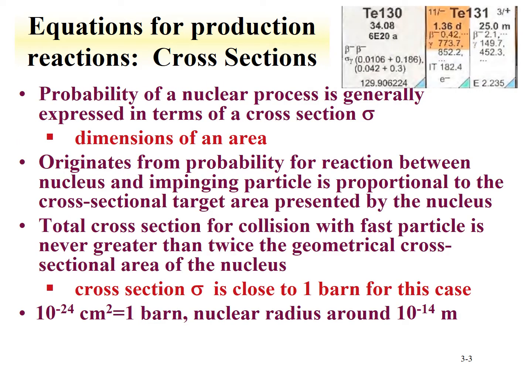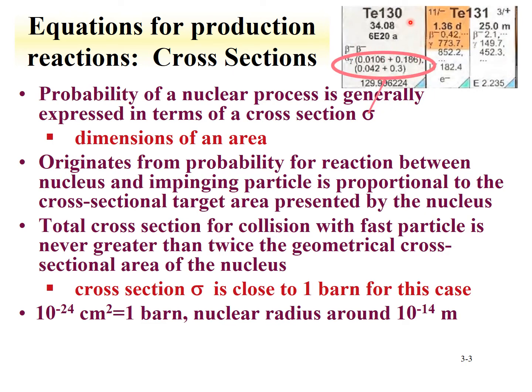The cross-section is used in equations to calculate reaction rates. You can think of the cross-section as the probability of a reaction, and it's a term that we've already discussed. The value is shown by this symbol here, sigma, and a value can be found in the chart of the nuclides.